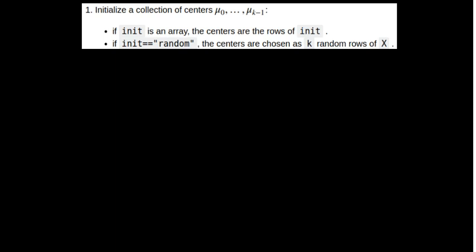Okay, so in terms of the picture, maybe you have some data like this. I'm going to use this several times. This is our X, and after the first step, you can just pick some of the points as your center.